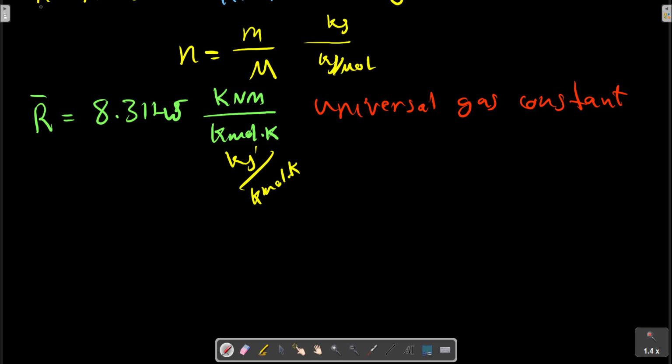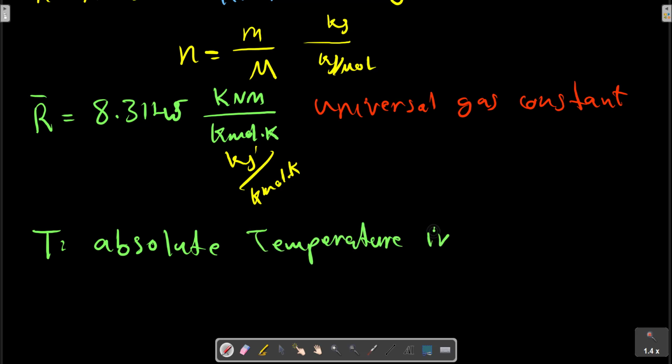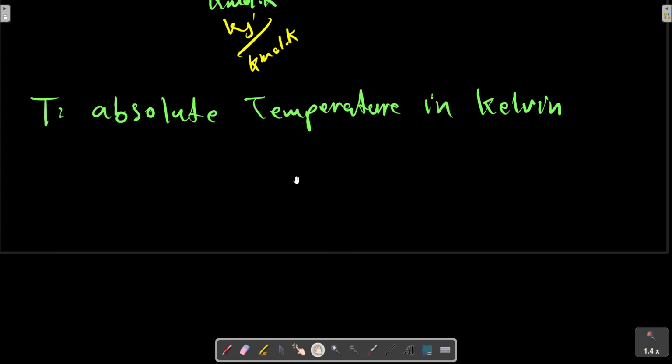And T is the absolute temperature in Kelvin, which we know is the temperature in centigrade plus 273.15.